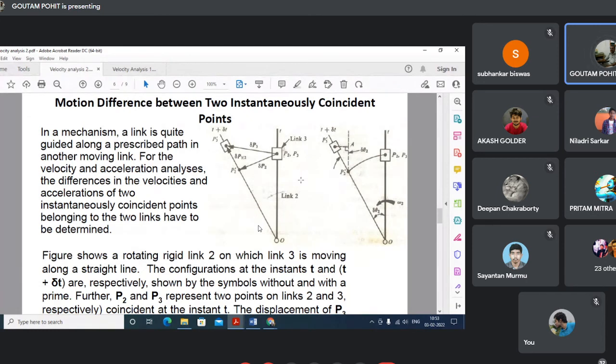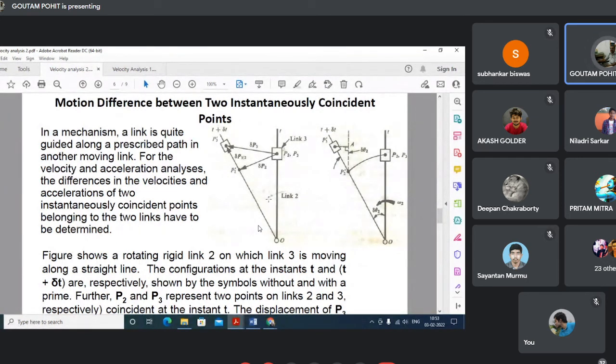Now, let us go to a little bit more complicated thing. This is basically a part of that quick return mechanism. The motion difference between two instantaneously coincident points. In a mechanism, a link is guided along a prescribed path in another moving link. For the velocity and acceleration analysis, the difference in the velocities and accelerations of the two instantaneously coincident points belonging to the two links has to be determined.